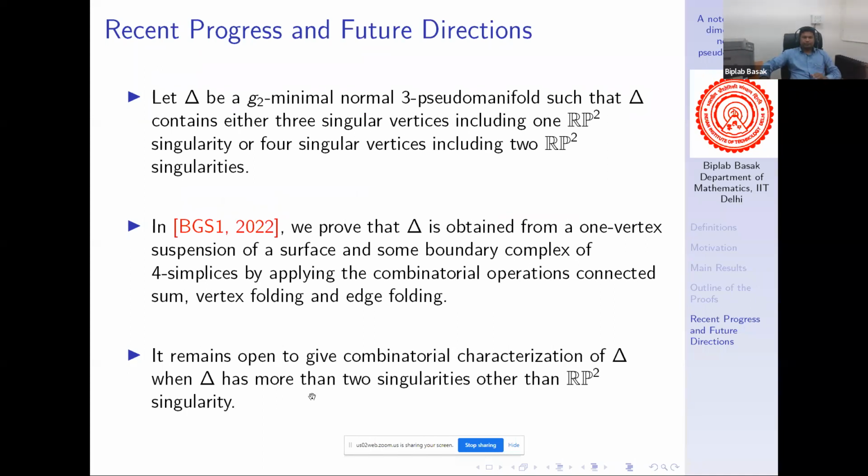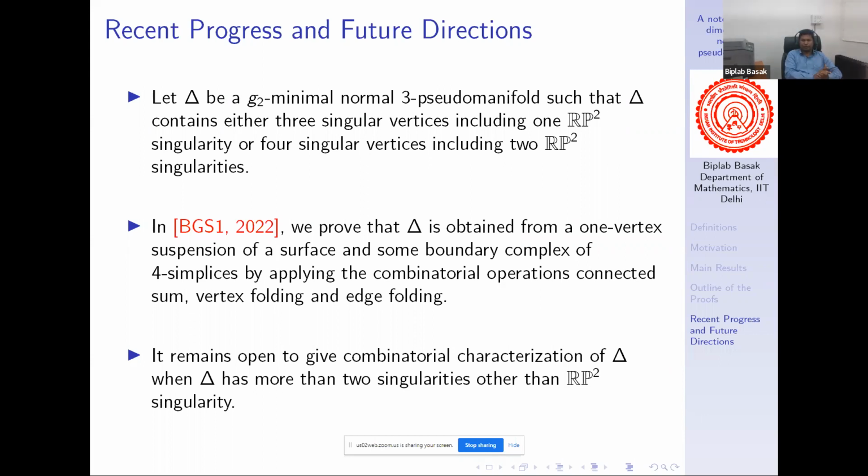We proved that if delta is a G2 minimal normal 3-pseudomanifold, and delta contains either 3 singular vertices including 1 RP2, or 4 singular vertices including 2 RP2, then, in one of our recent works with my student, we proved that delta is obtained from a one vertex suspension of a surface and some boundary complex of 4-simplices by applying some commutative operations such as connected sum, vertex folding, and edge folding.